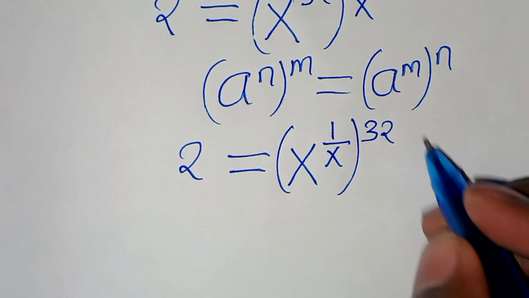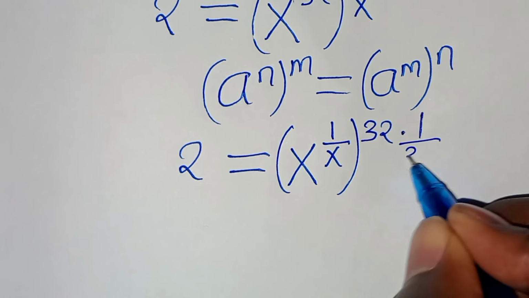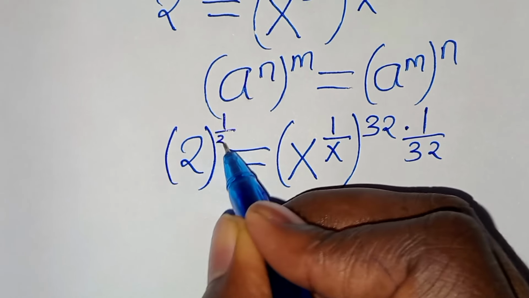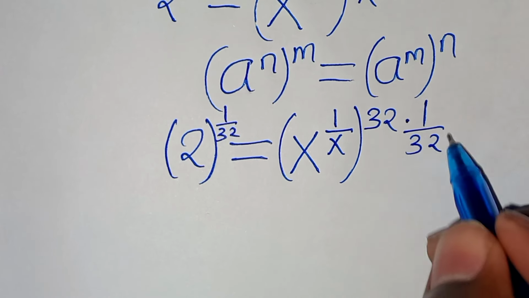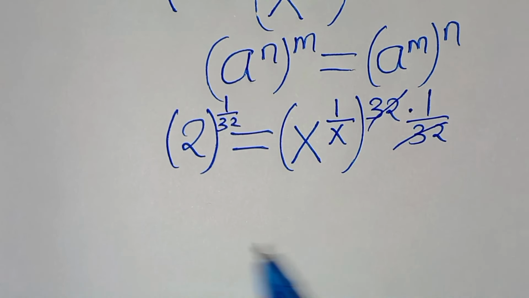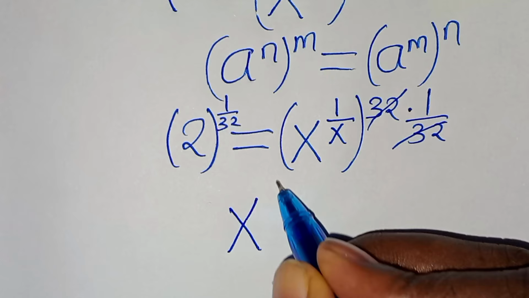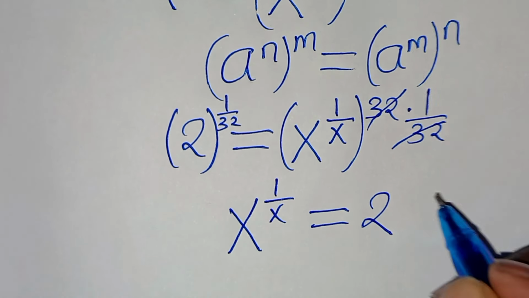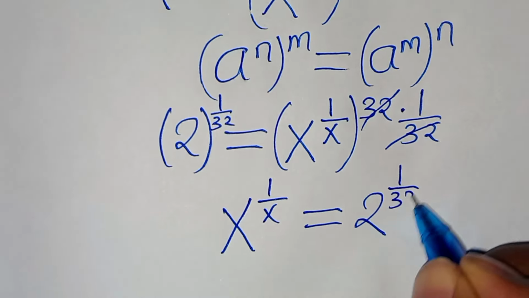The next step is to multiply both sides by 1 over 32. So here we have 2 raised to the power of 1 over 32. Let's simplify here, and this implies that x to the power of 1 over x is equal to 2 to the power of 1 over 32.